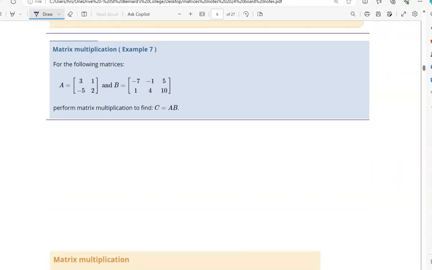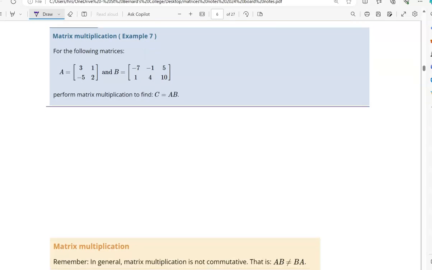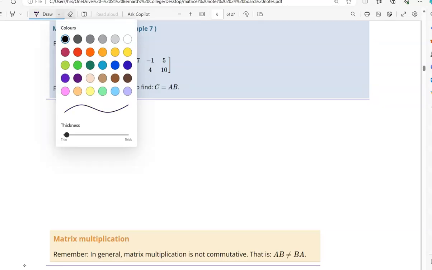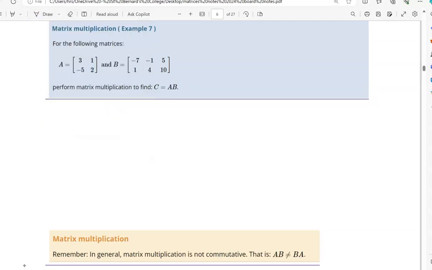They're saying, using the following matrices, perform the matrix multiplication to find C. So C is A multiplied by B. What we're going to write out here is A: 3, 1, -5, and 2. It's going to get multiplied by B, so I'll write that out: -7, -1, 5, 1, 4, and 10.